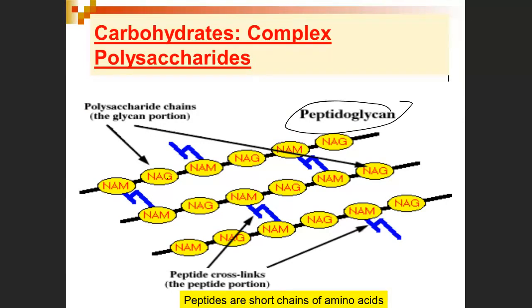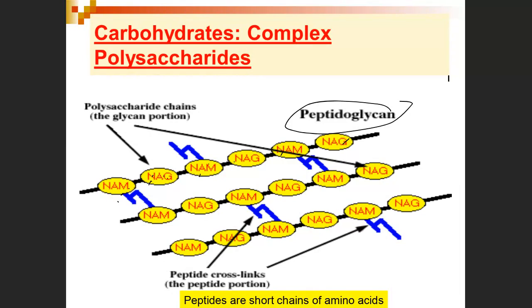Bacteria take glucose, modify it a little bit, and create their own unique versions called N-acetylmuramic acid and N-acetylglucosamine. These are essentially modified glucoses, which are being used to create these long chains of very boring NAM, NAG, NAM, NAG. So yes, they're large. No, they're not complex enough to be antigenic.